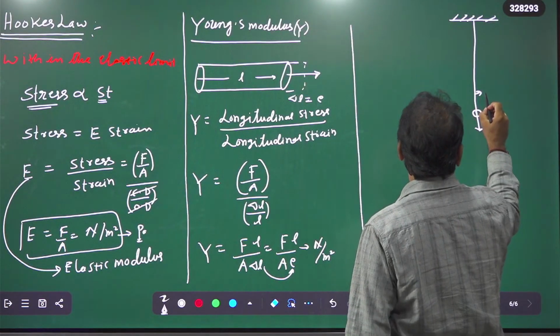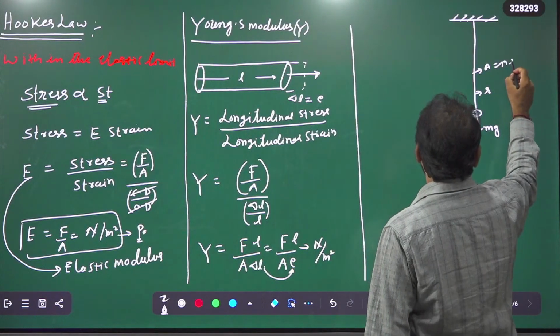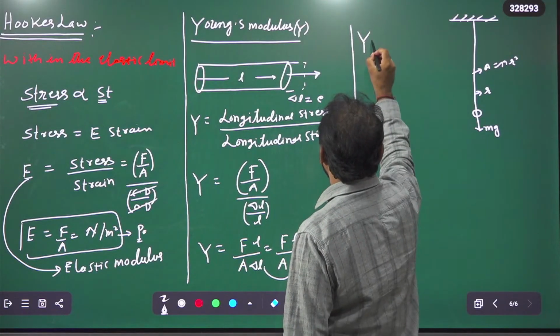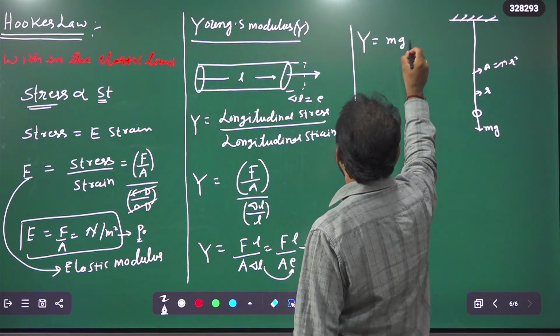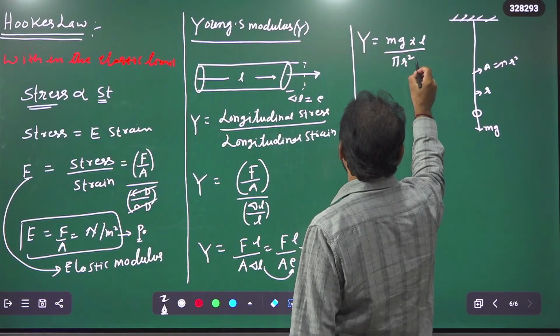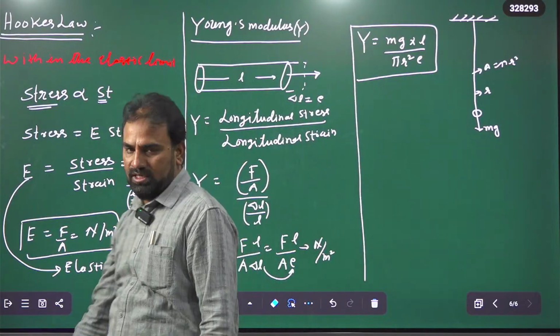It has some radius, and the area of cross section A is equal to pi r square. So the Young's modulus should be Y is equal to mg into L upon pi r square into E. This is called Young's modulus.